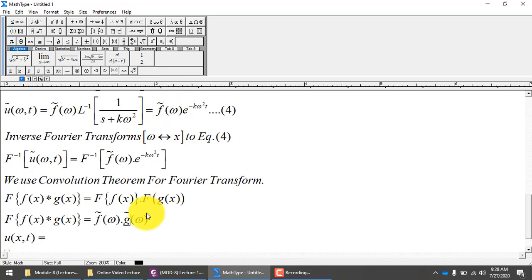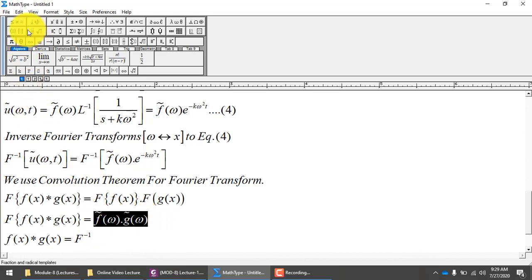Now if you apply inverse Fourier transform to both sides, what will be on the left hand side? On the left hand side you will have only the convolution, and the F will be taken to the right hand side. On the left hand side it is F, and on the right hand side it will be F inverse, not F. F inverse of the whole thing.